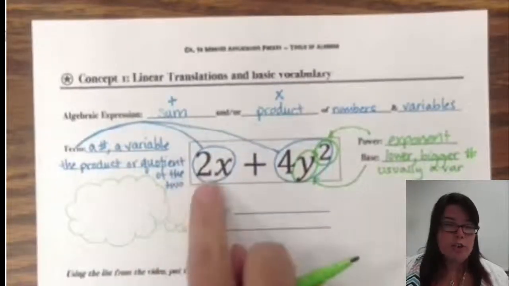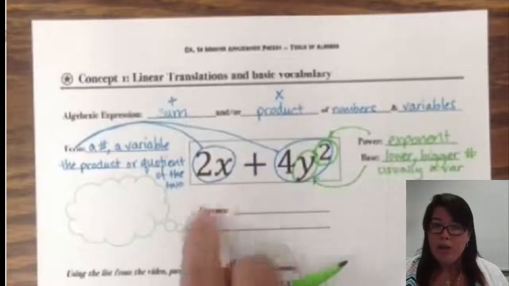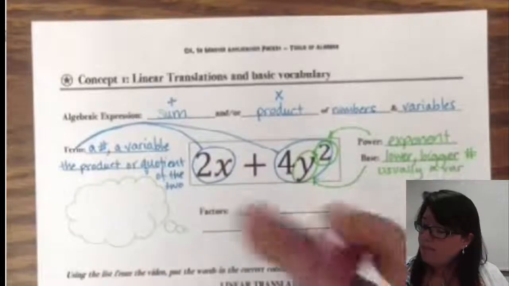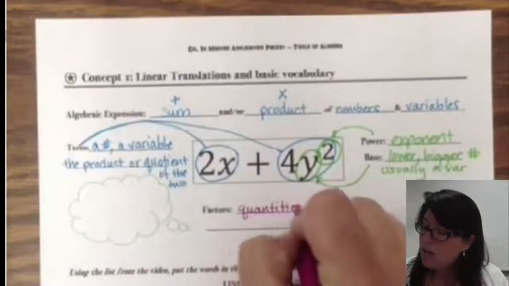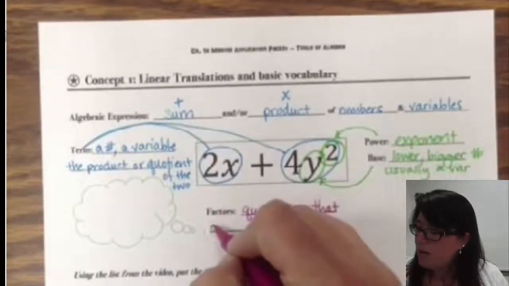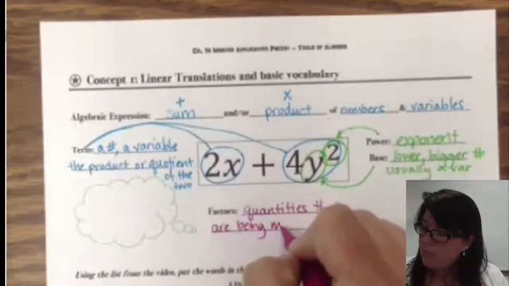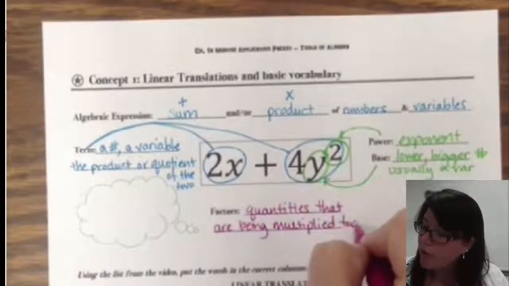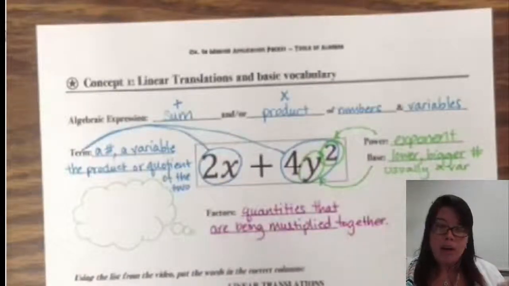Now let's take a look at 2x. What if we break that down into its smaller parts and pieces? We call those factors. Factors are quantities that are being multiplied together. Anytime you have stuff that's being multiplied together, they're called factors.